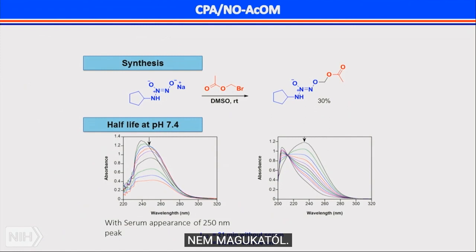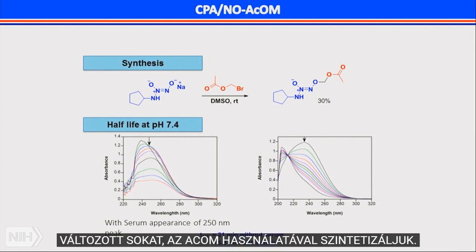Since the half-life didn't change much, we synthesized an O2 derivatized molecule by using this AcOM protecting group. We studied the mechanism of decomposition of this molecule.